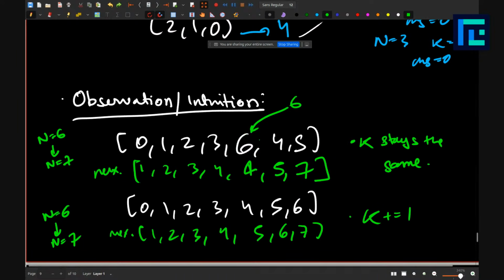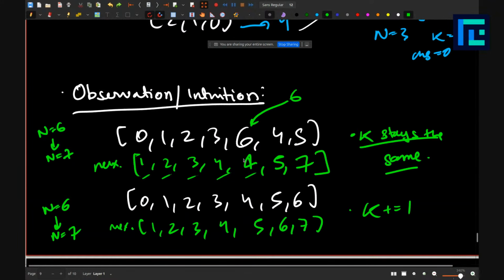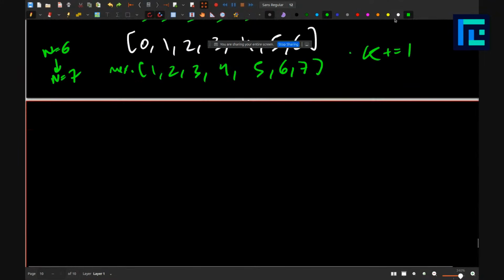Meanwhile, if 6 was somewhere in between the original elements, we have 1, 2, 3, 4, and 4 gets repeated because this element is missing. So the larger element has come in between the smaller elements, so the MEX does not increase, and the total k possible MEX remains the same. And we can see that even if the array is not neat like 0, 1, 2, 3, 5, this is still true.